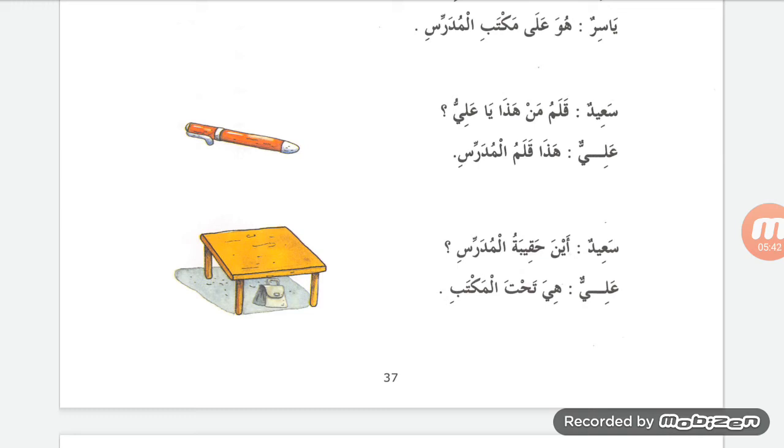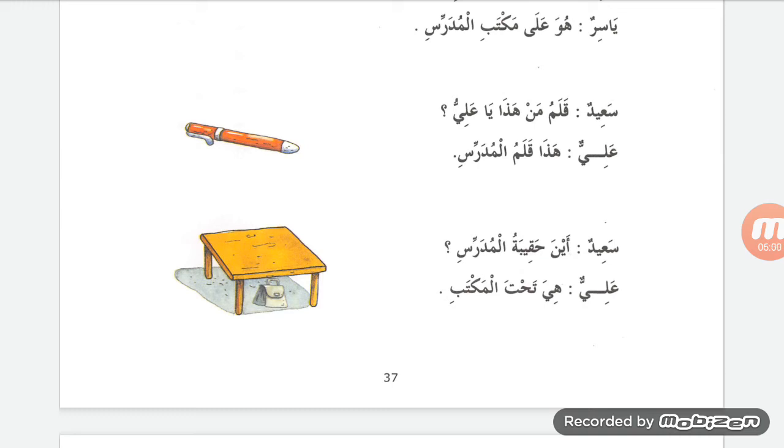So look at this, maktabil mudarrisi. It's not al-maktabil mudarrisi. Huwa ala maktabil mudarrisi, it is on the desk of the teacher.